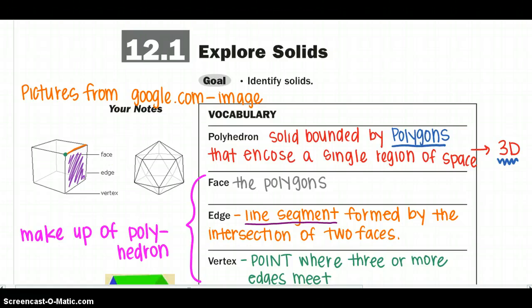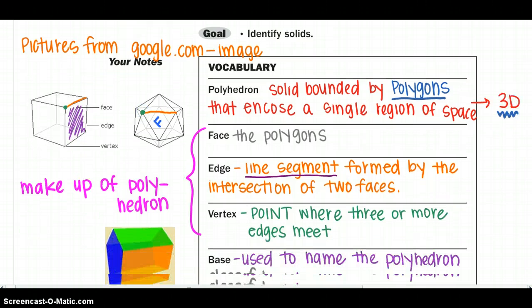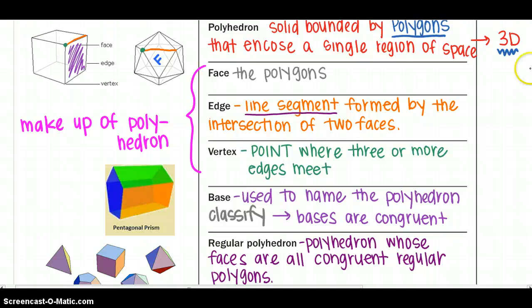So if you look at this other polyhedron, we know that this could be labeled as its face. The edge would be where my polygons meet, and then the vertex again is just that point where those line segments meet. So, keeping on going, we're going to label the base, and it's used to name the polyhedron or to classify it.